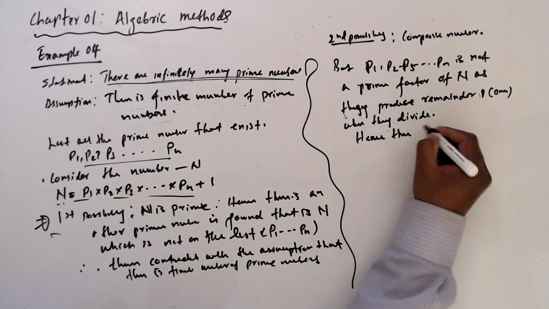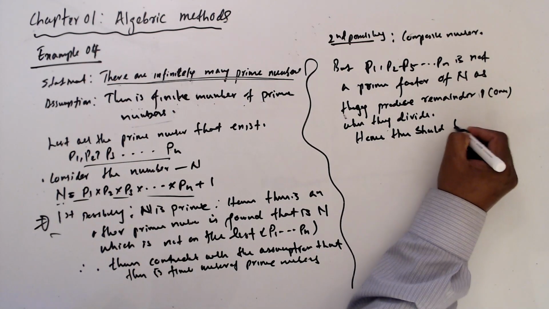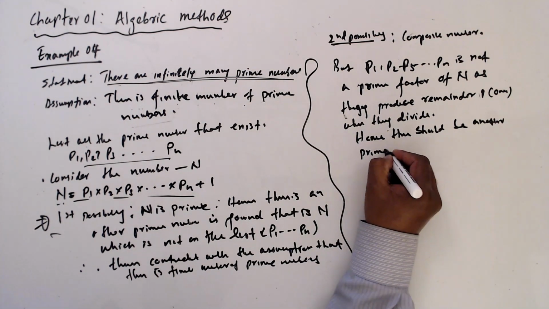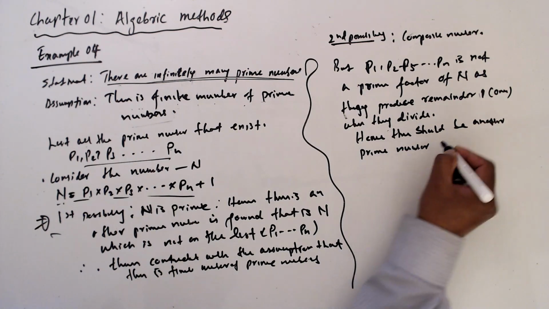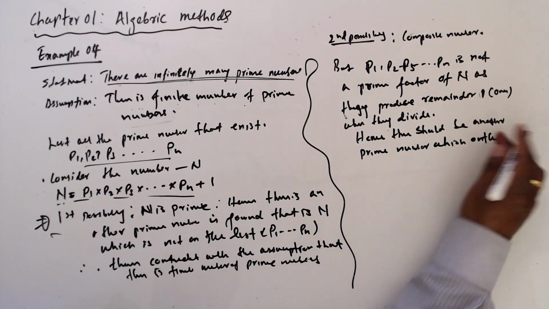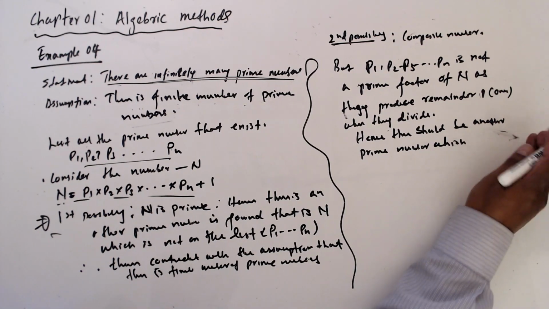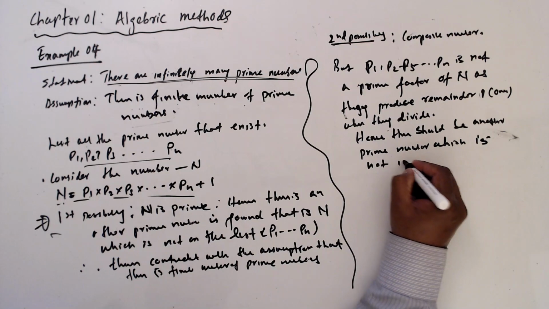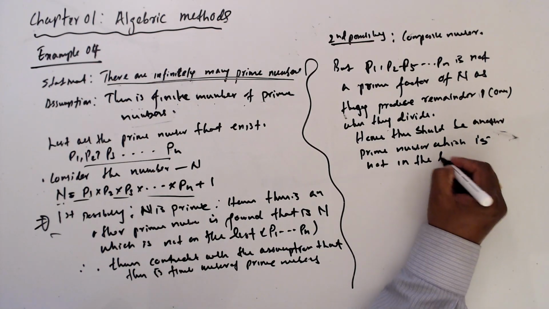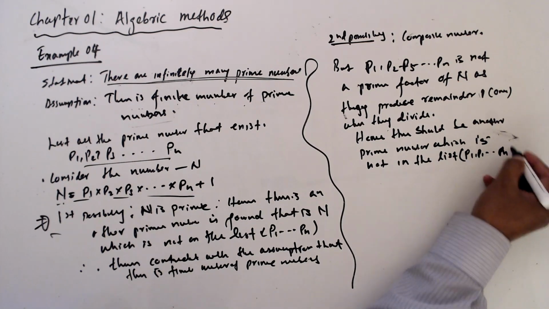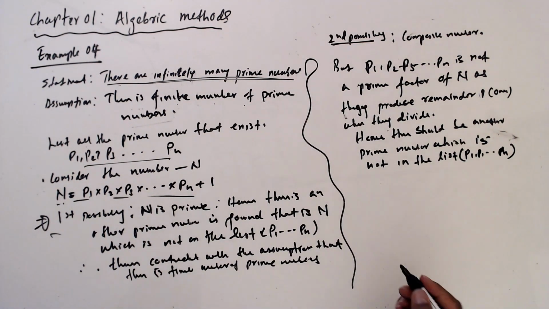Hence, there should be another prime number which is not on the list. What is this list? P1, P2 to Pn. The second case also failed.